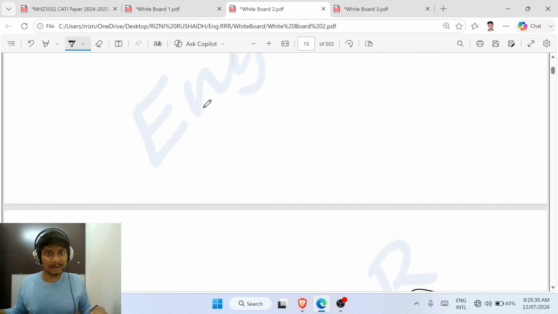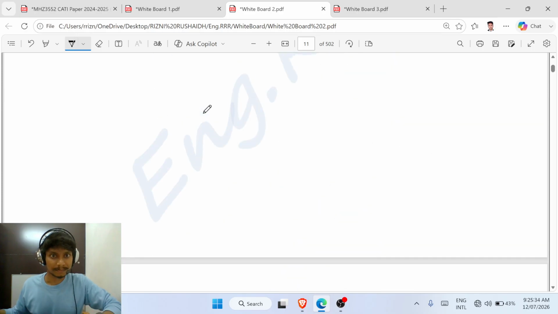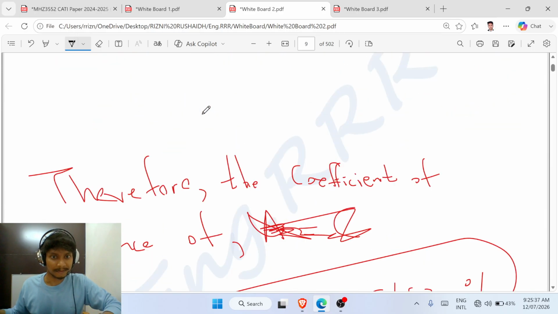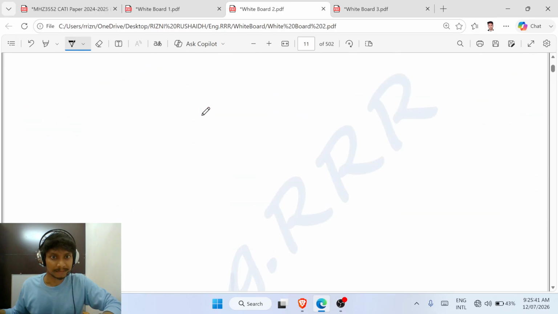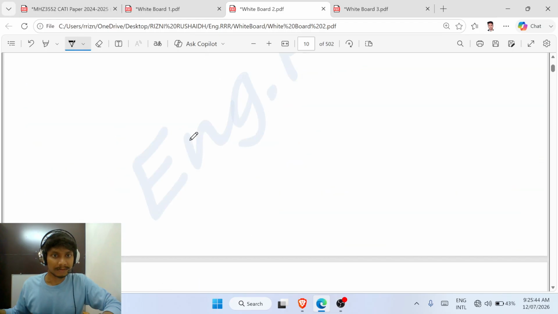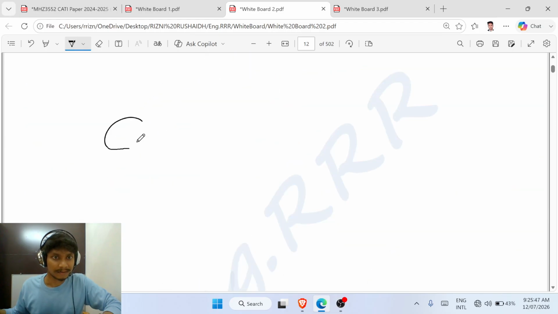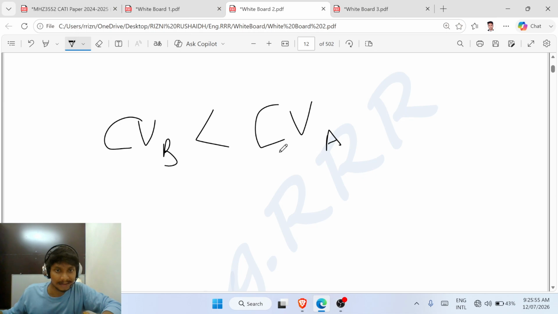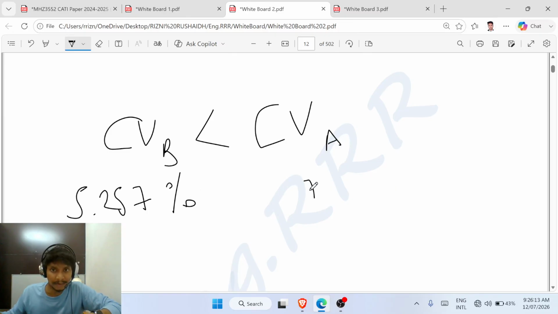Therefore here we have found that CVB is less than CVA, because CVB is equal to approximately 5.257 percentage, and CVA is equal to 7.9683 percentage.